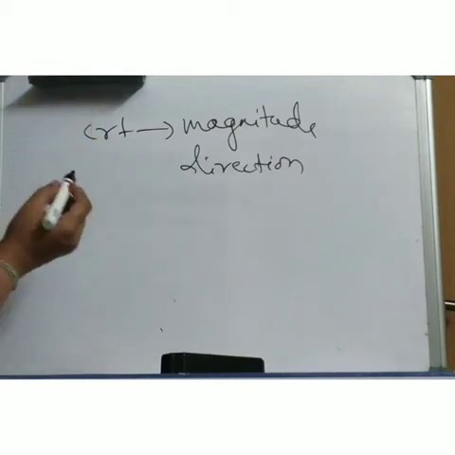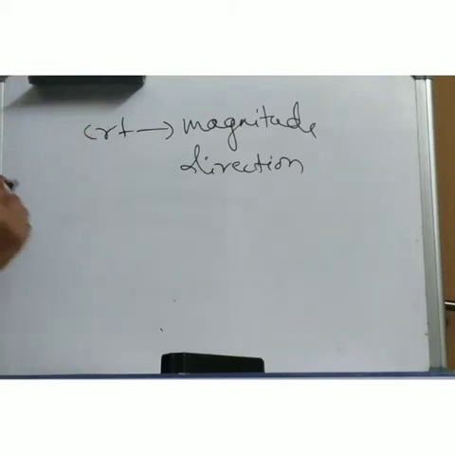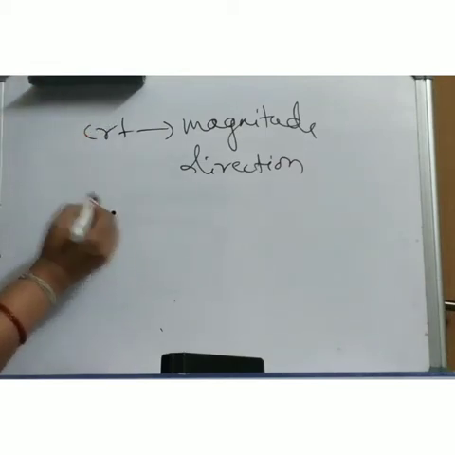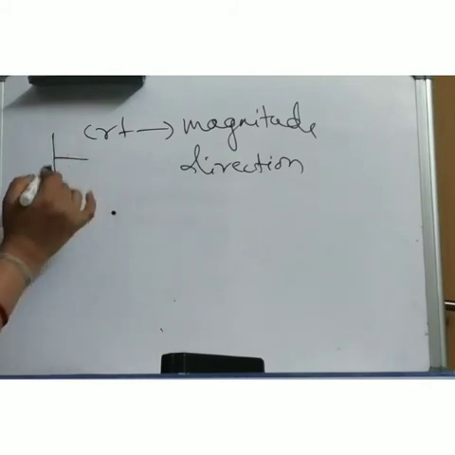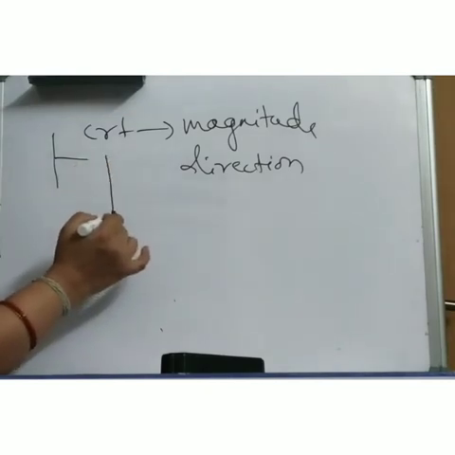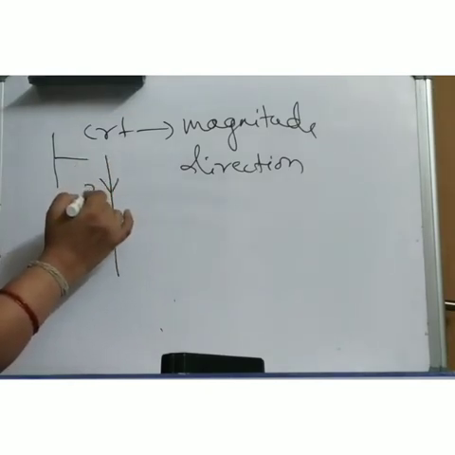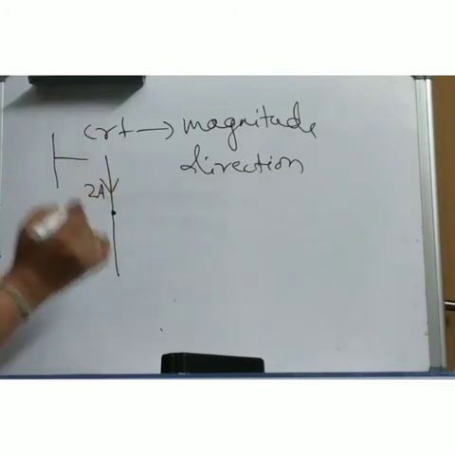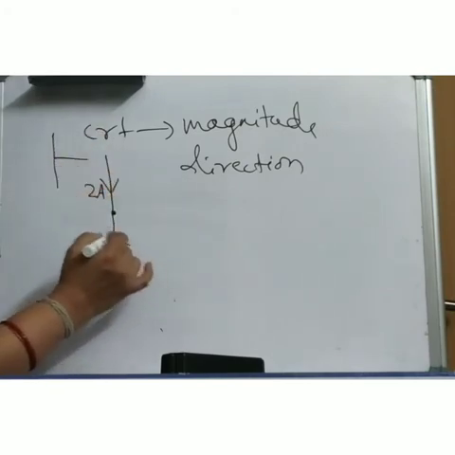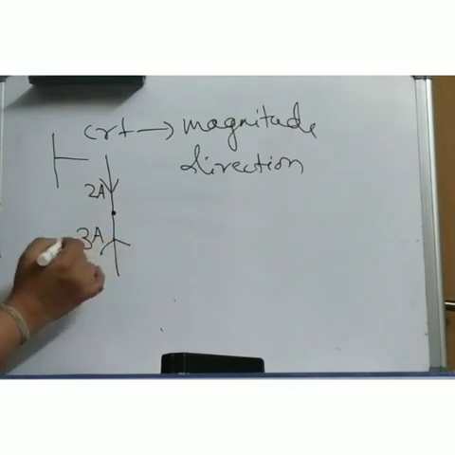So how to visualize that current is a scalar? Suppose this is a junction, like a connection where wires are going like this. Suppose 2 ampere of current is flowing into this junction from this direction, and from this direction 3 ampere of current is flowing.